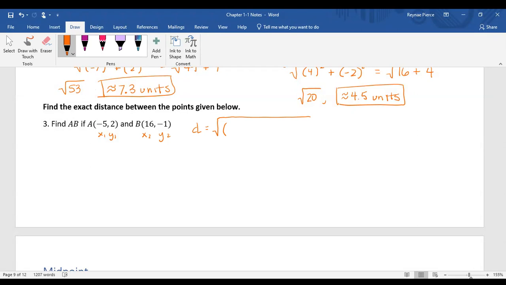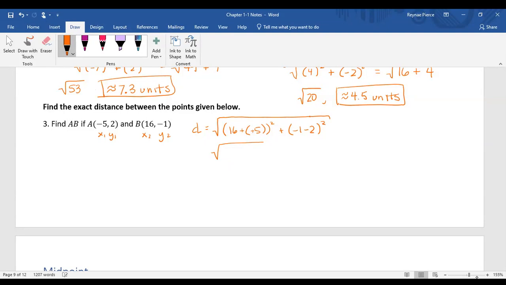X2 is 16, X1 is -5. Y2 is -1. Y1 is 2. So remember, we're subtracting inside the parentheses.